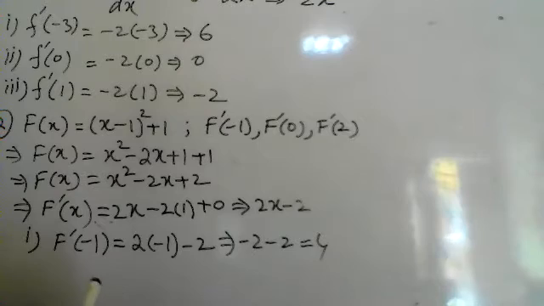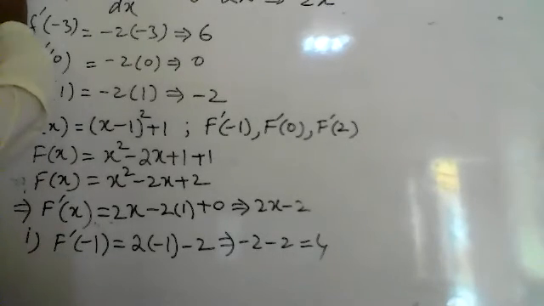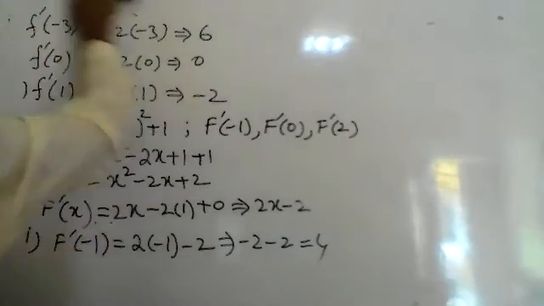Question number 3. g of t is equal to 1 over t square.